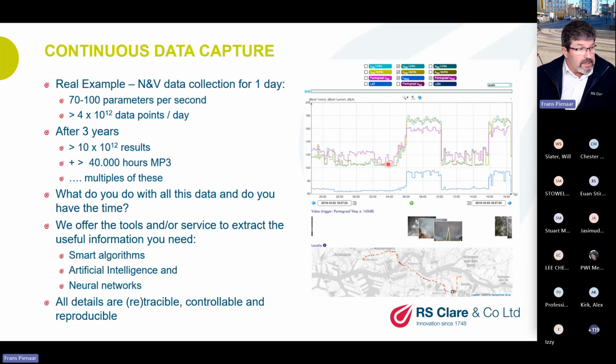All of these algorithms are written in, and there's also AI working in the background, with neural networks, to present all this information in a manner that everybody can read easily, and so that we can keep on repeating this as data comes in. It's not a system that we just supply to you and say, well, this is how it works.